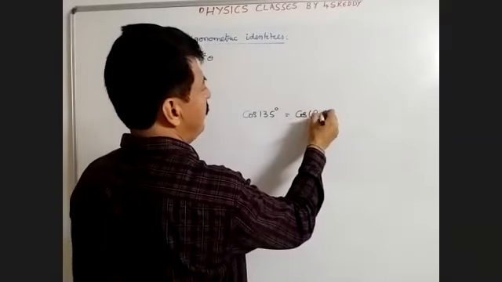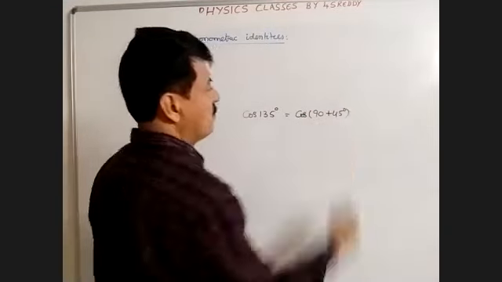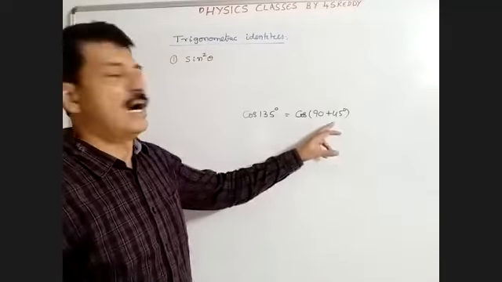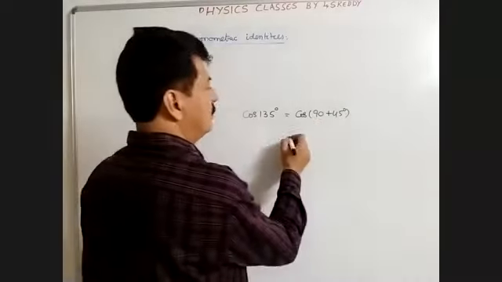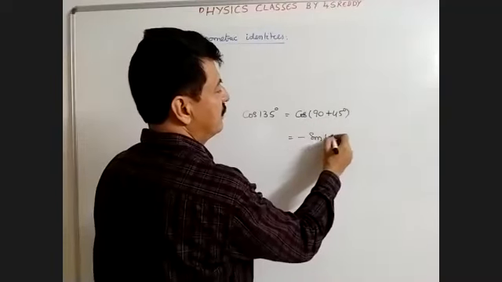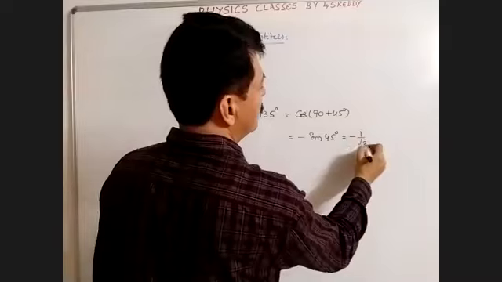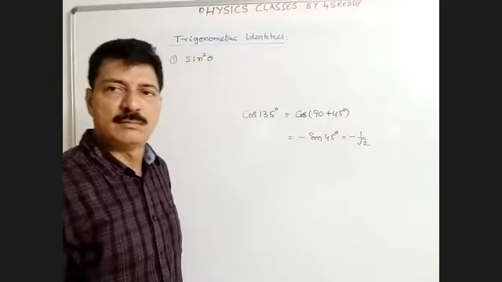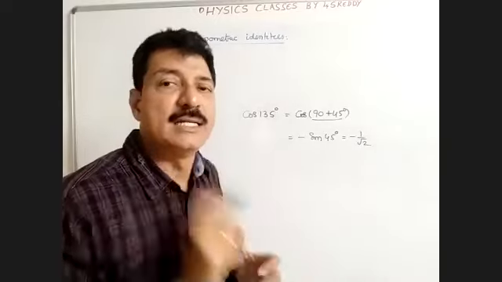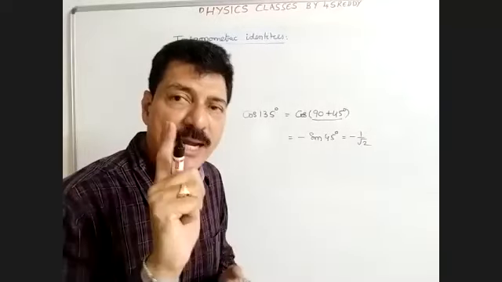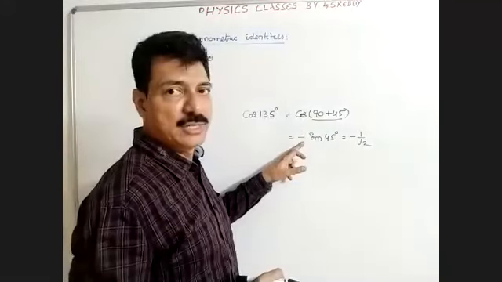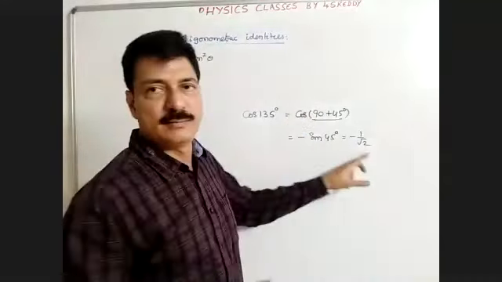Then, sir, we get minus sin 45, which is minus 1 by root 2. Because 90 plus theta is in the second quadrant, where only sine is positive. But here it is cos, so first we write the negative sign, and cos changes to sine.